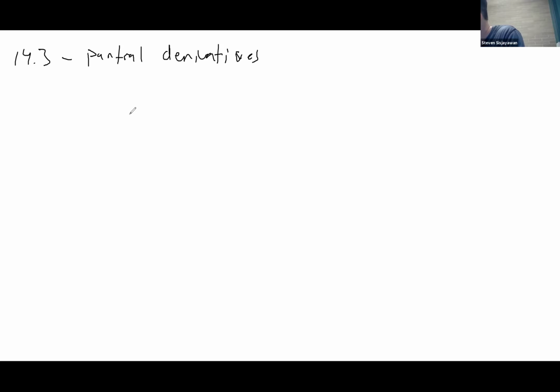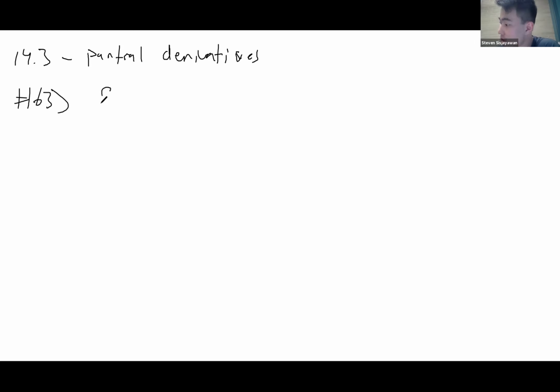These are multiple partial derivatives. So I'm going to skip through just finding first partial derivatives and go straight to finding these indicated partial derivatives. Okay. So for 14.3, number 63, start off with that.